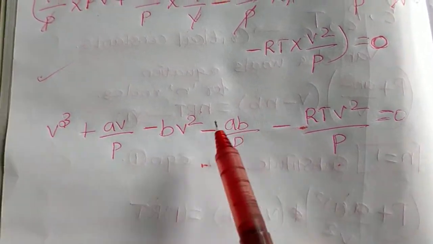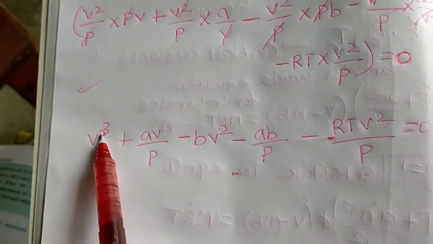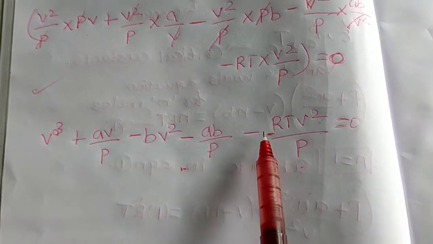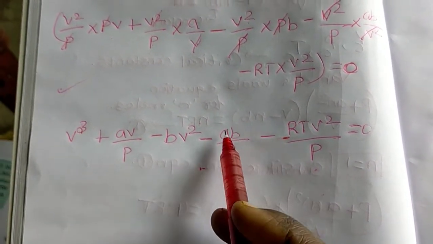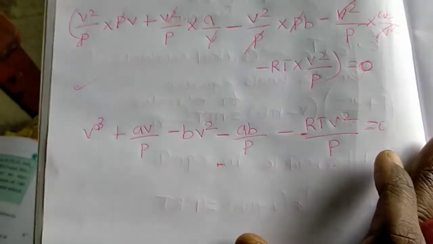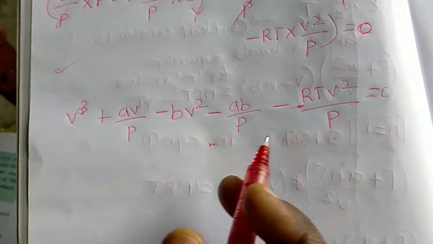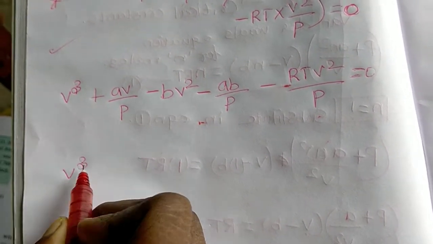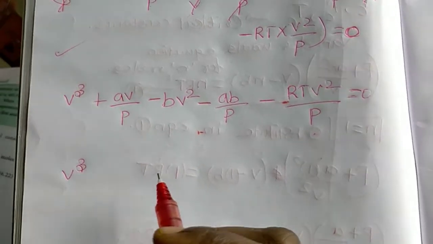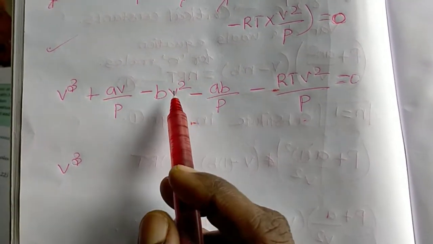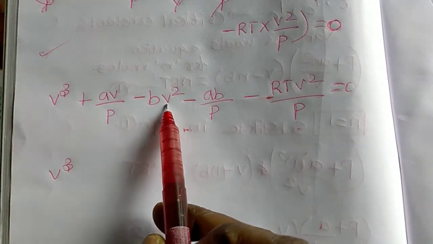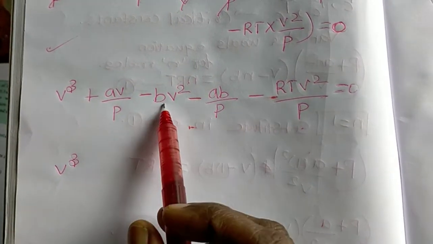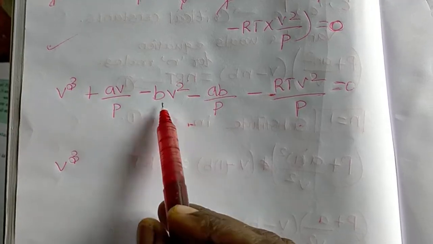We have the equation showing the powers v cube, v square, and v. So you can arrange this equation with powers. How to write it? First v cube. Next, what is the next term? v square. So how many v square terms are present? Pb v square and RT v square divided by P. So you can take the common term v square from these two.